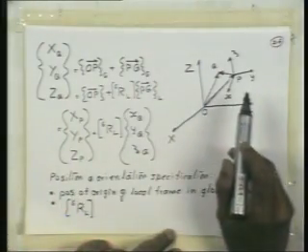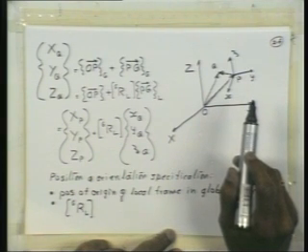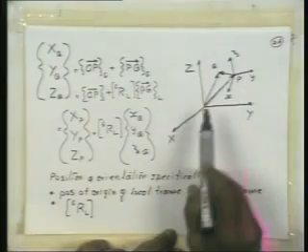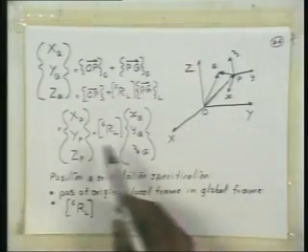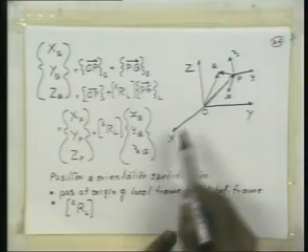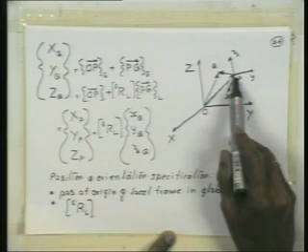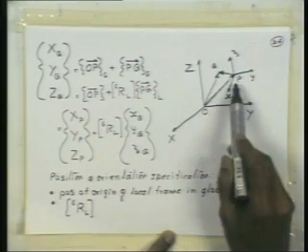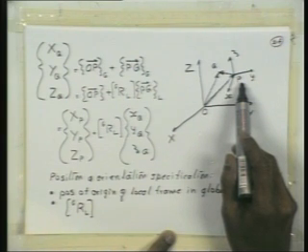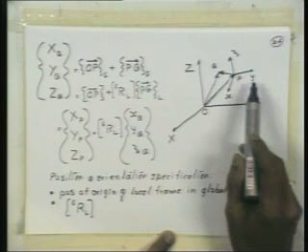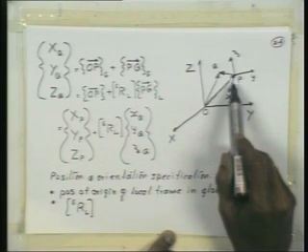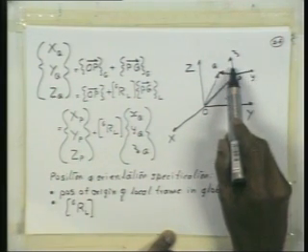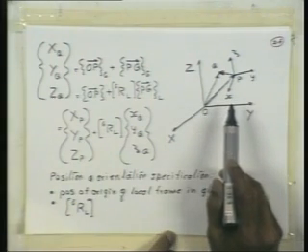So the parameters required for transforming vectors and points from the local frame to the global frame are: one, the vector which specifies the position of the origin of the local frame in the global frame. So that particular point let's call P. And the unit vectors associated with the three axes small x, small y, and small z expressed in the global frame.